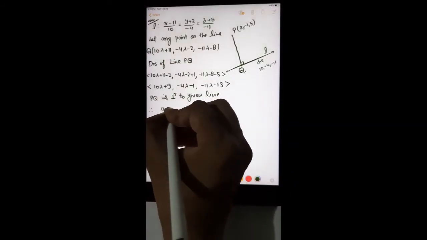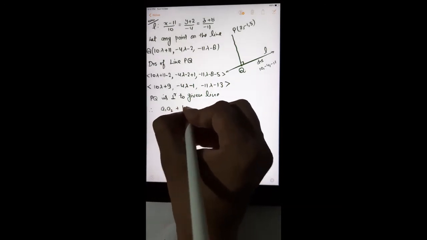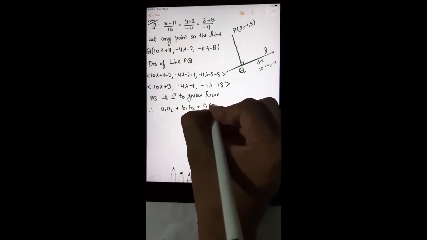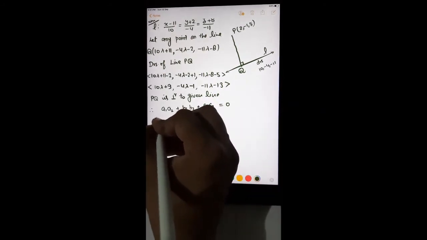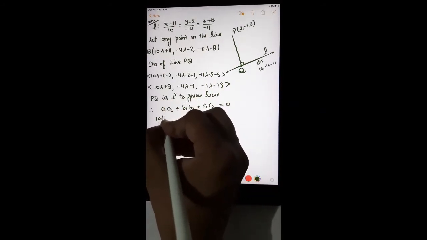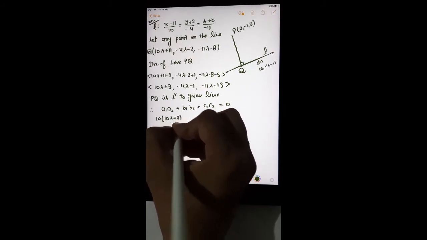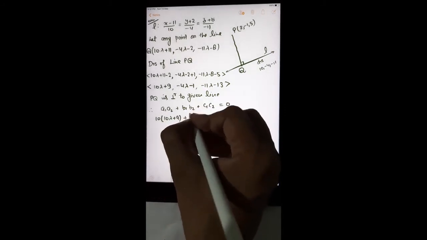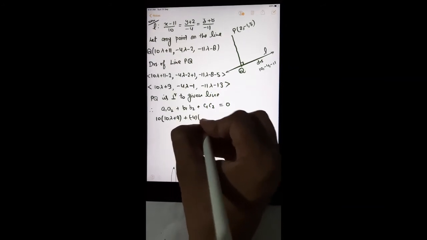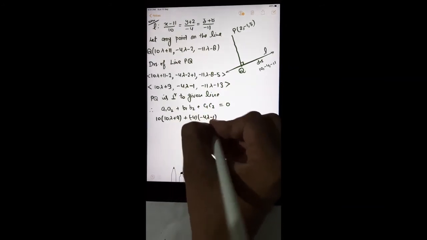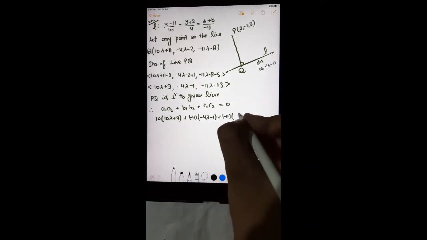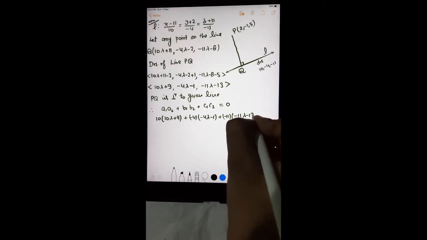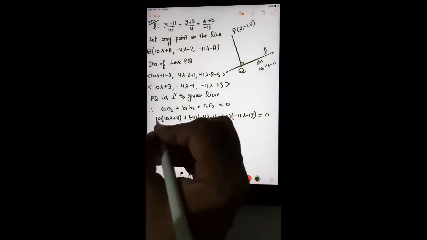Therefore A1 into A2 plus B1 into B2 plus C1 into C2 must be 0. So A1 is 10 and A2 is 10 lambda plus 9, plus B1, that is minus 4, and B2 is minus 4 lambda minus 1, plus C1, that is minus 11, and C2, that is minus 11 lambda minus 13. It is equal to 0.